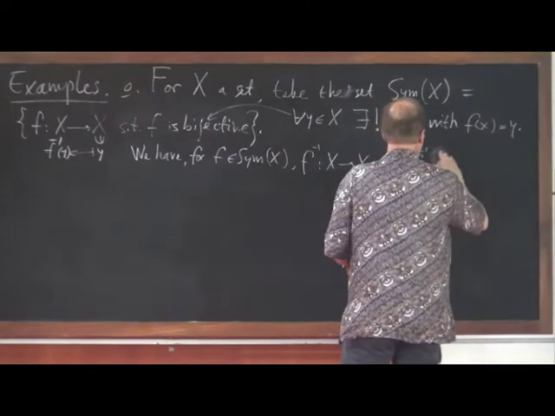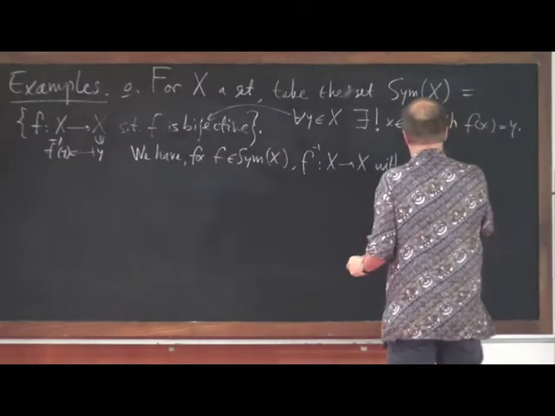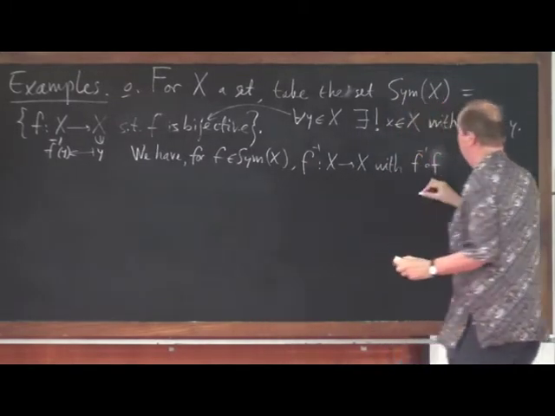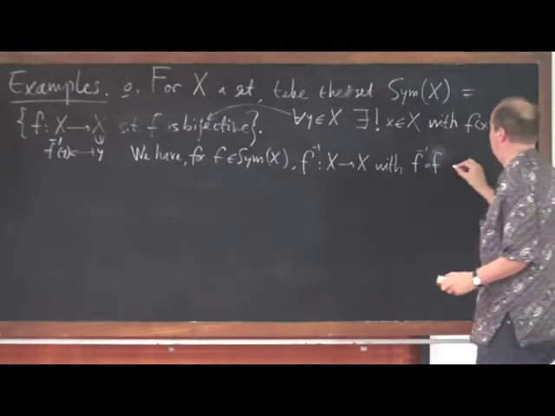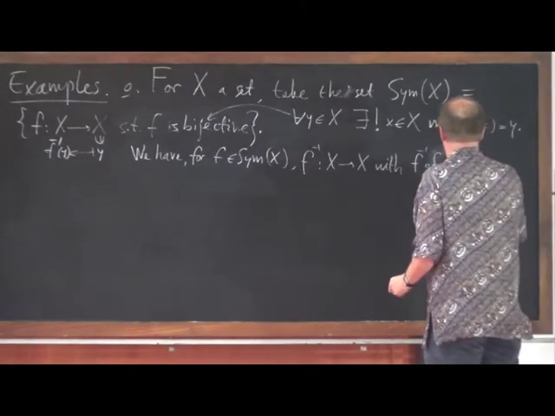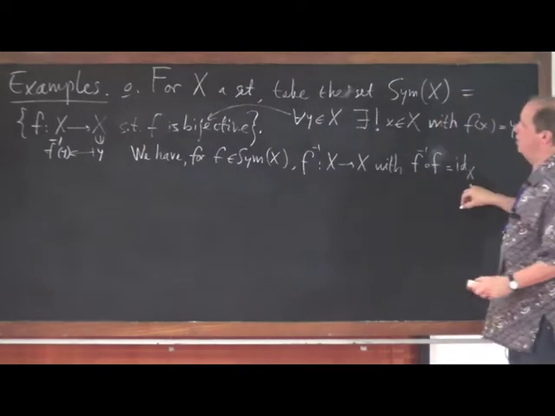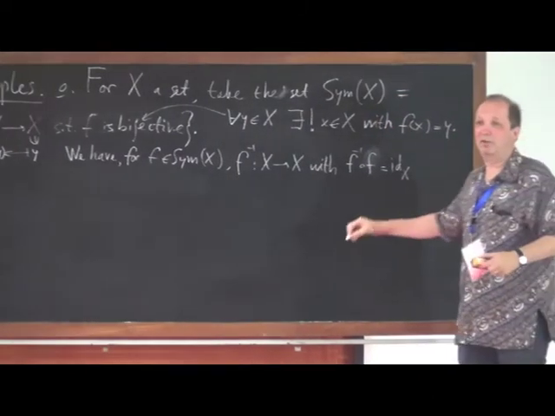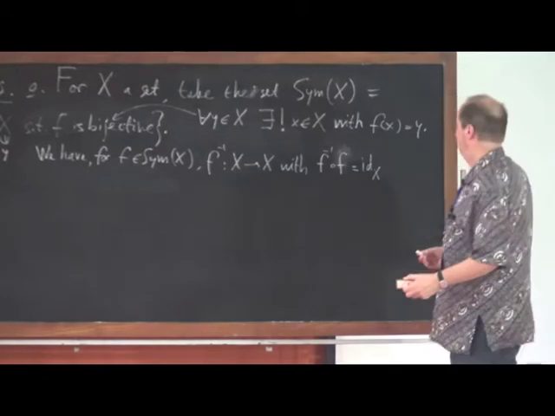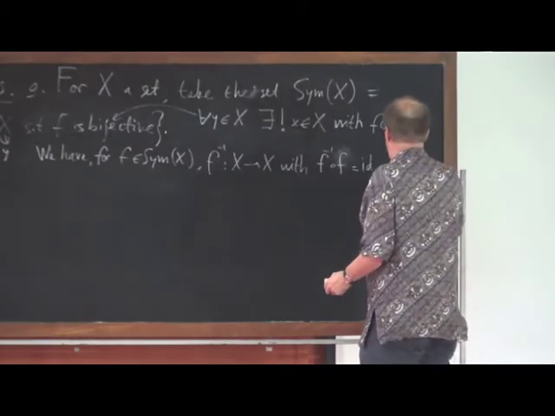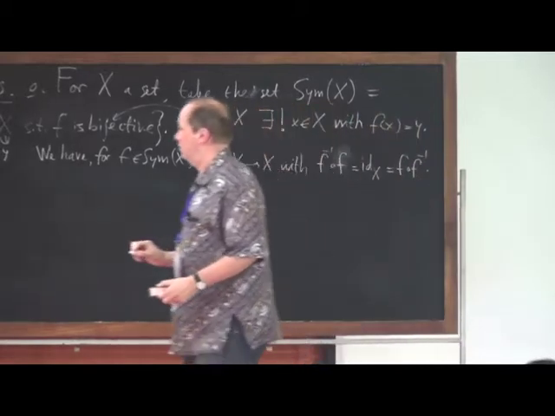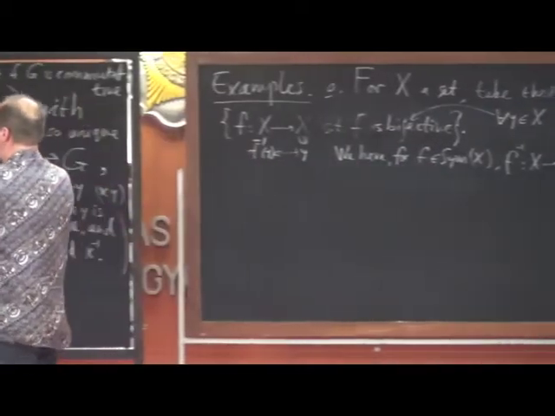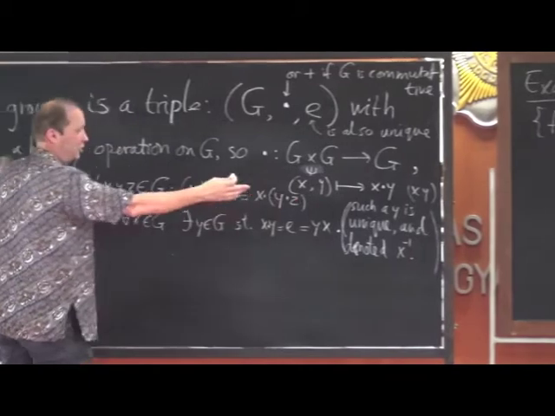Let's say it like this: f inverse composed with f, and this is my notation for composition of maps, equals the identity on X. This is the identity map from the set X to X. It sends every element to itself. And the same for f composed with f inverse. So you see that this perfectly satisfies these conditions.